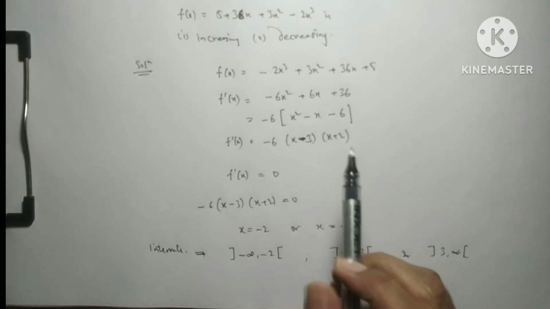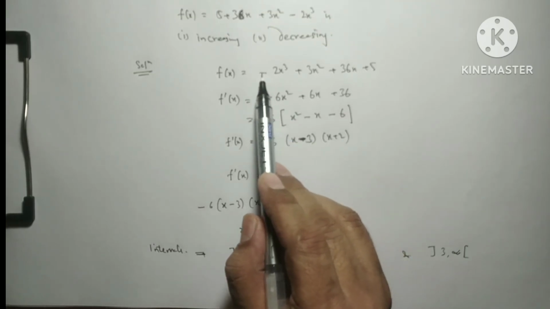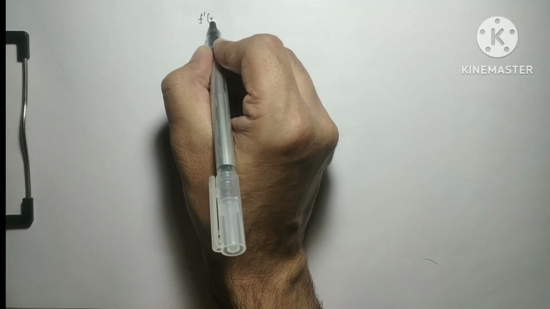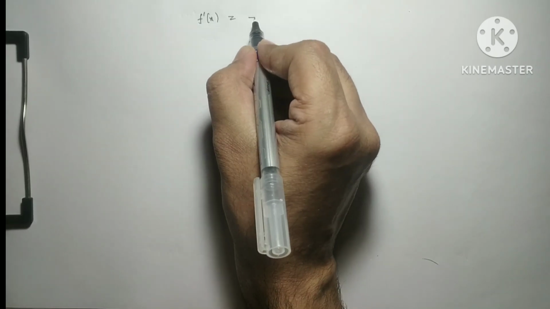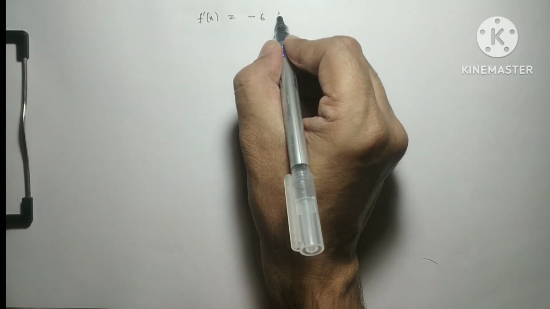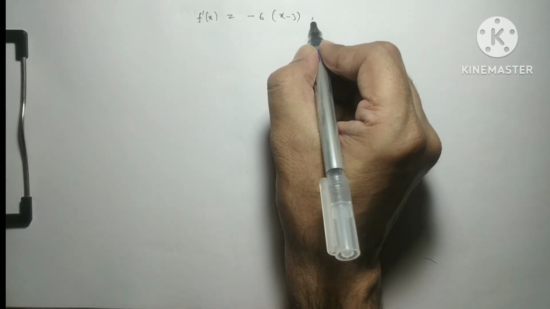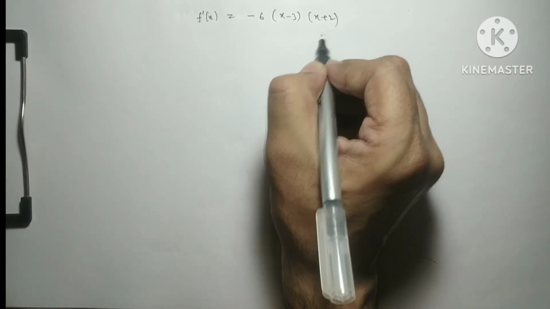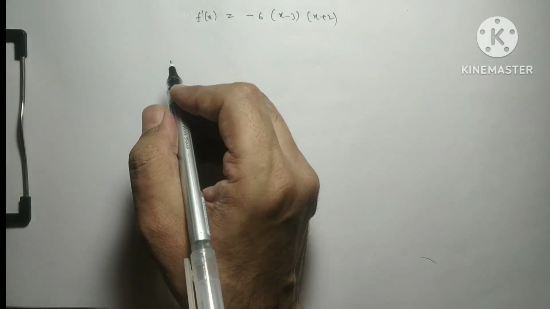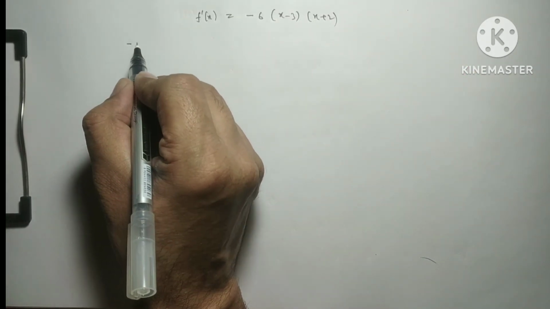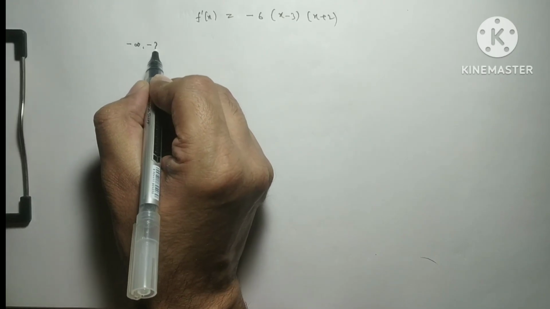Now we will check on which interval the function is increasing and on which interval it is decreasing. And remember one thing, the highest degree term is negative. And f dash x, on factorization, we get minus 6 into x minus 3 and x plus 2. So we have three intervals. First we take the first interval, minus infinity to minus 2.